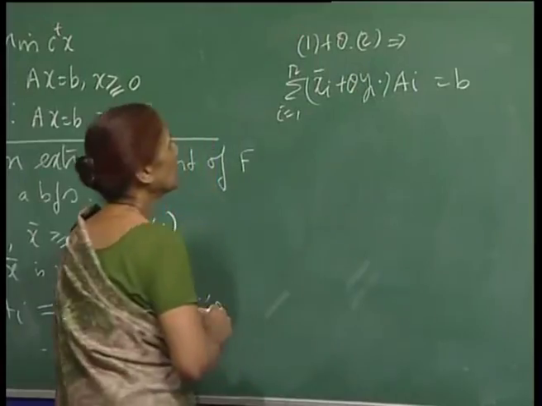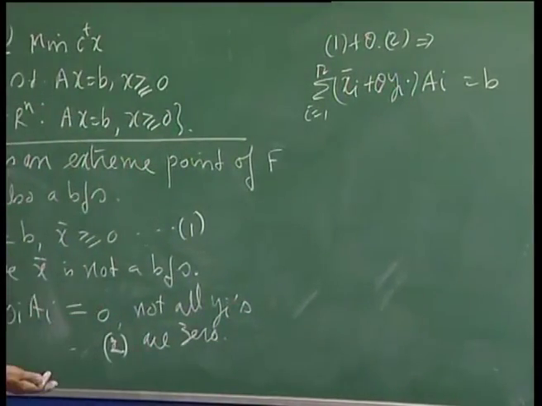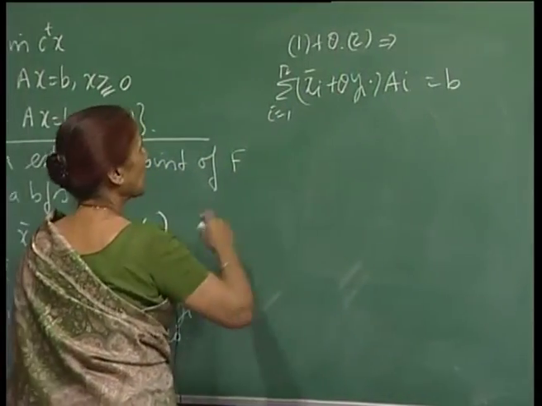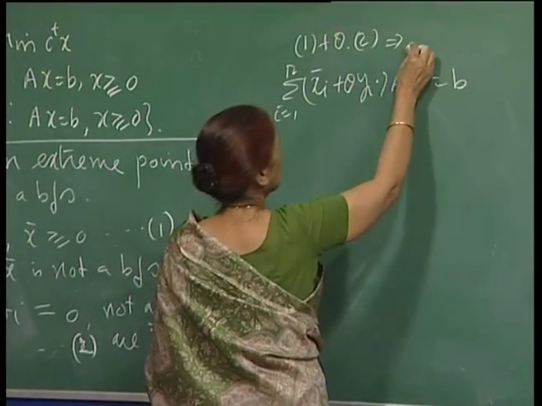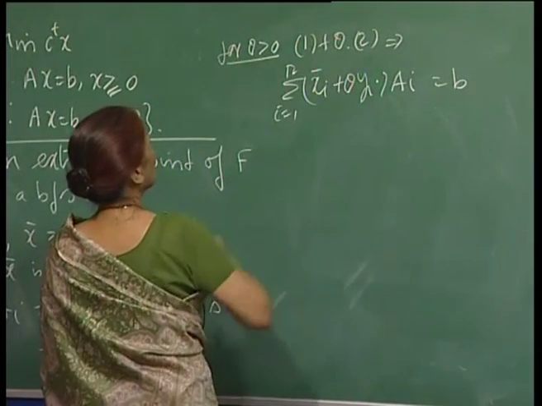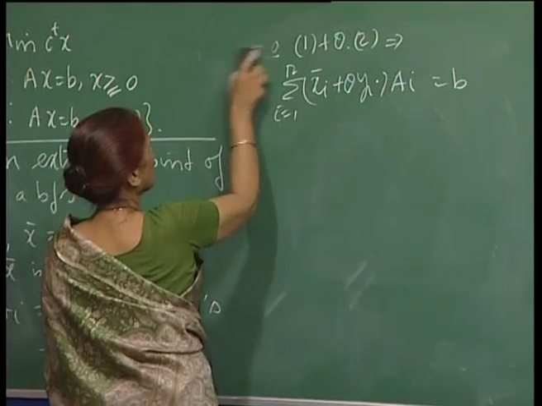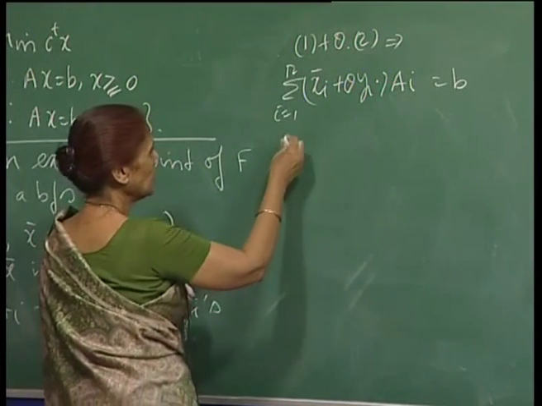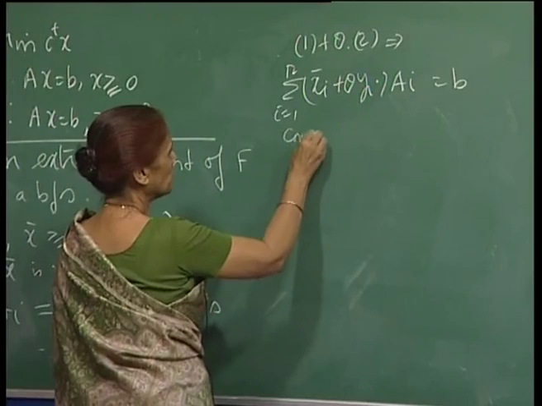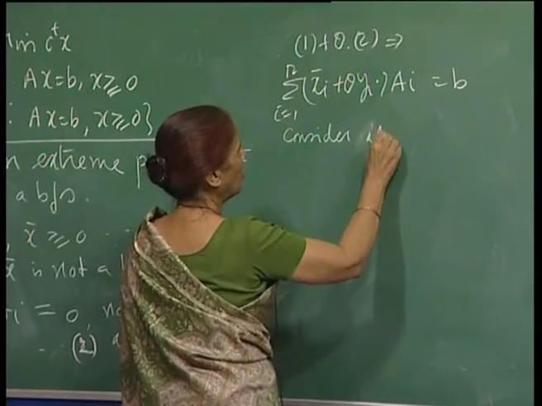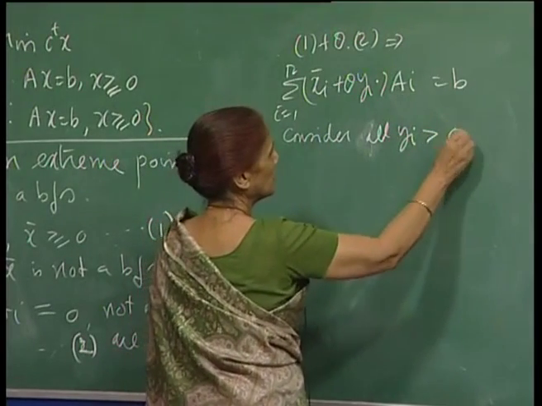Now, let us see, yi's can be positive, negative or zeros, right. Now, I am taking theta, yeah, here I should have said for theta positive. So, I have this now here. Now, consider all yi's greater than 0.